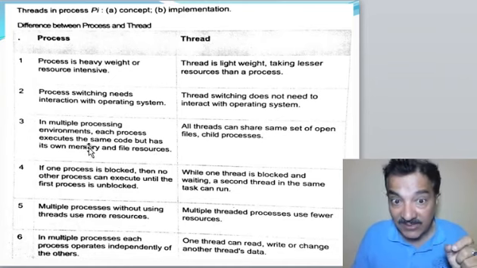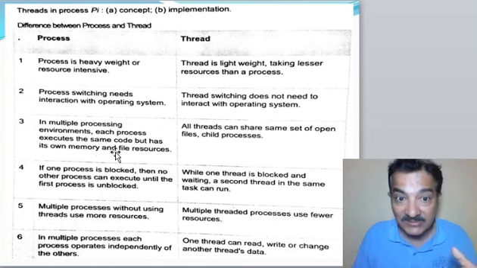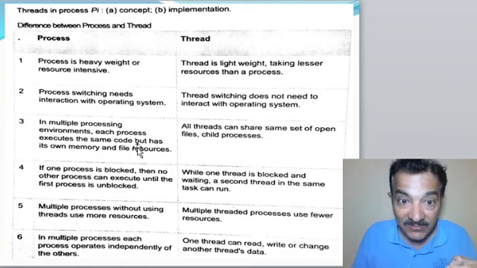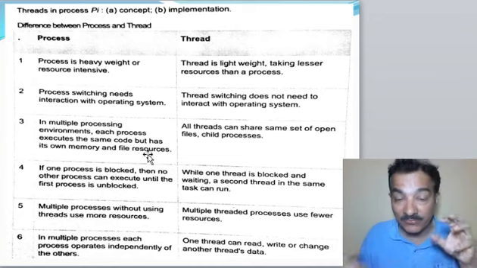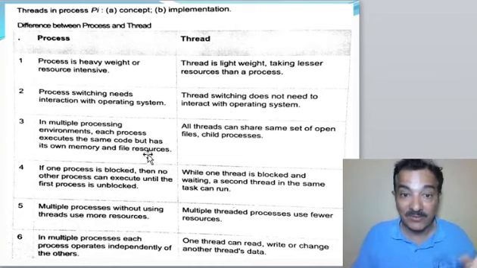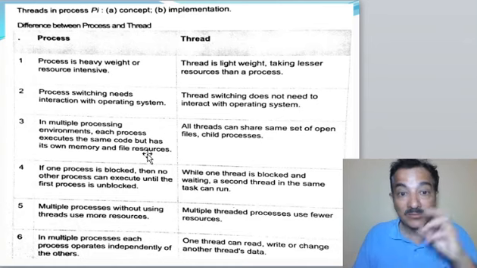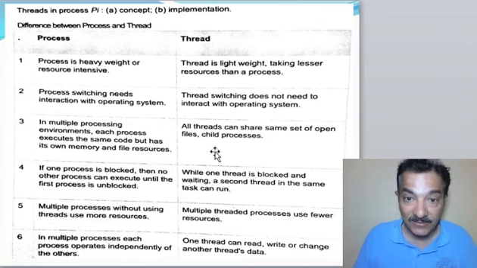Each time a new process is created, and each new process will have its own memory and file resources. So all the information of that process will be separate from the other process, though it may have the same code itself.